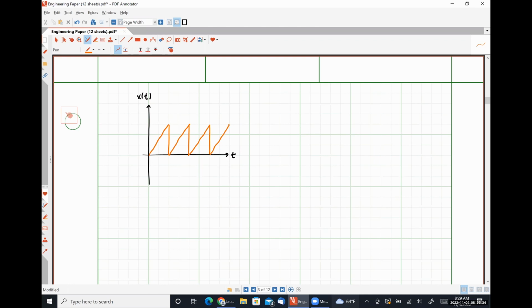Is this a periodic function? Let's start there. Sure, it repeats itself. If we call this point in time T, 1 period, then this would be 2T, 3T, etc. How do we find the average value of this periodic function?